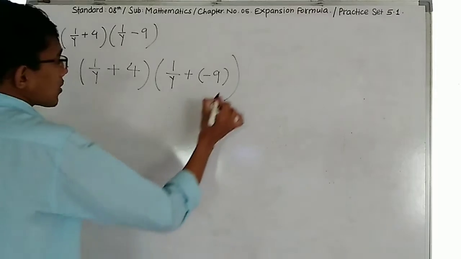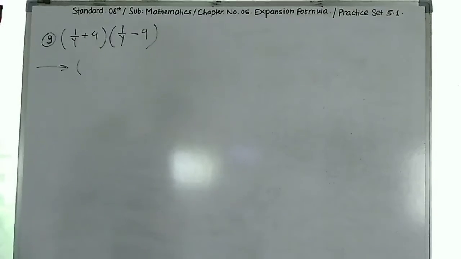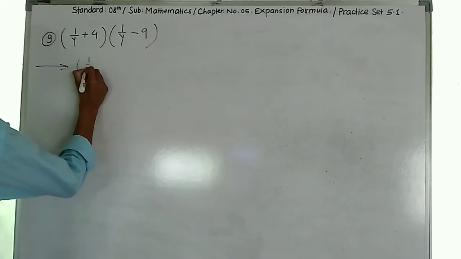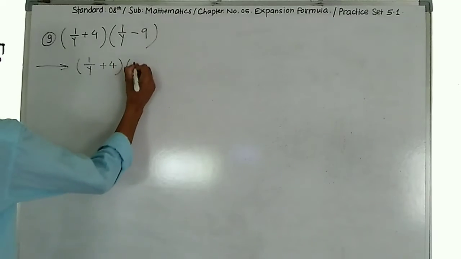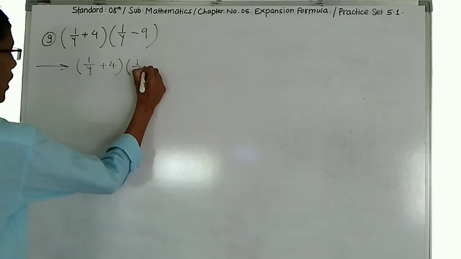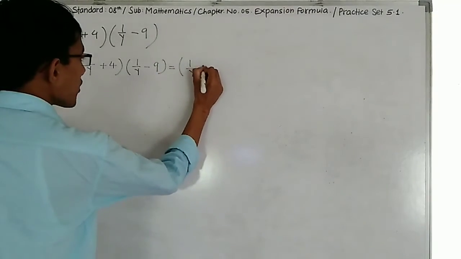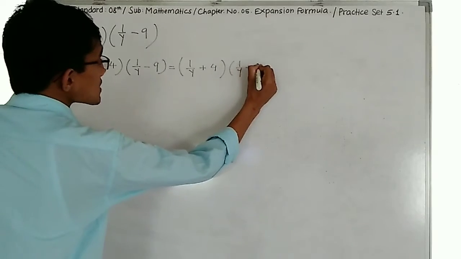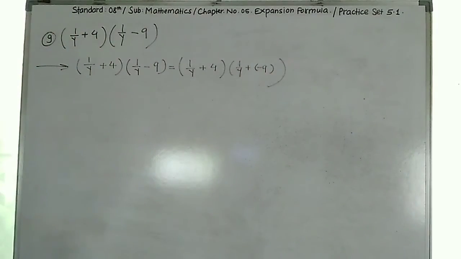Now we will take (1/y + 4)(1/y − 9) is equal to (1/y + 4)(1/y + (−9)).